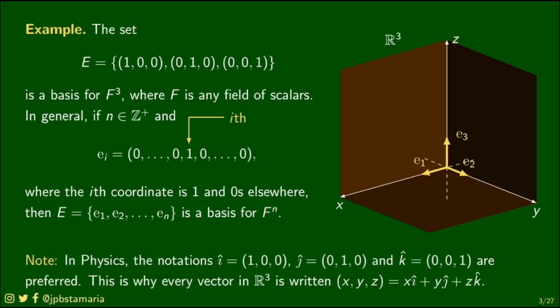In physics, take note that these vectors are denoted by i, j, and k instead. This is why every vector in a three-dimensional space in physics may be written in the form x i-hat plus y j-hat plus z k-hat.